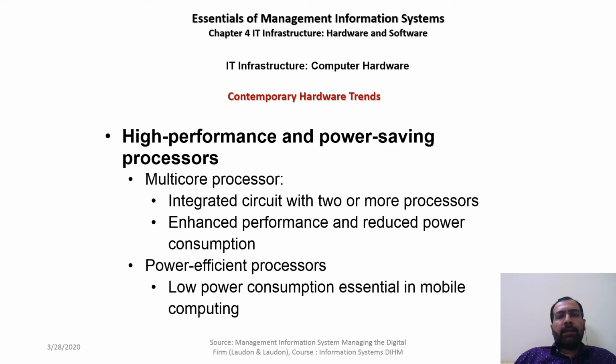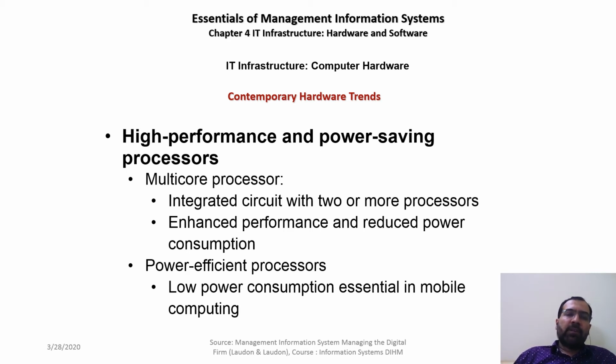Now we are using multi-core processors, integrated circuits where there are two or more processors, to enhance performance and reduce power consumption. By doing so, performance is enhanced, and of course, at the same time, the power consumption is on the lower side.